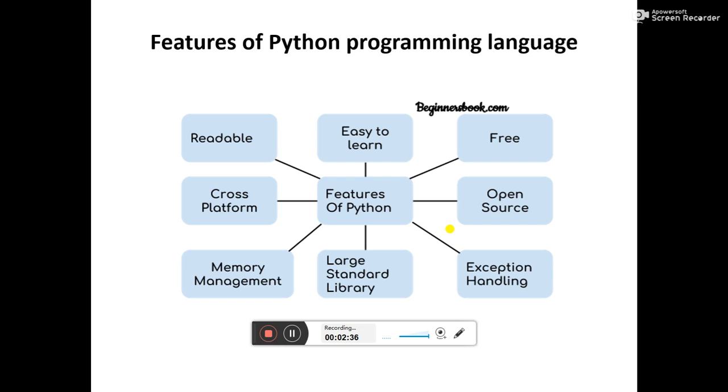Its highlighting features are readable, easy to learn, free, open source, and it supports exception handling. It has a large standard library. It supports memory management. It is portable, that is, it is cross-platform. Now we discuss these features one by one.